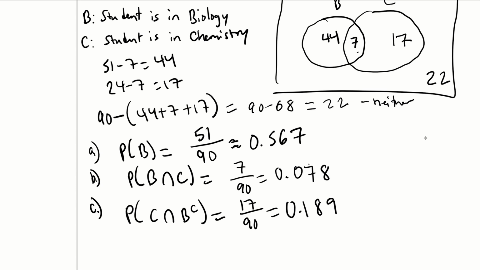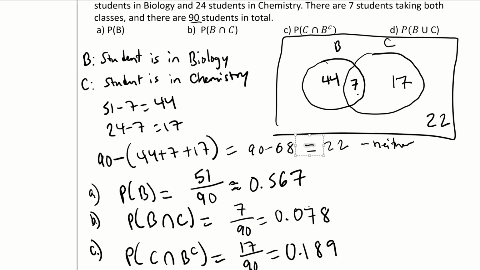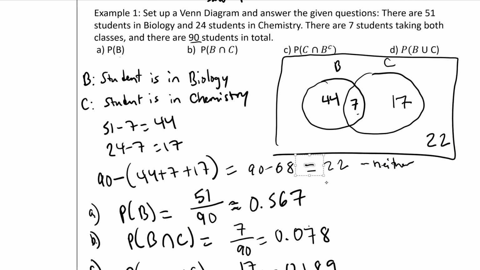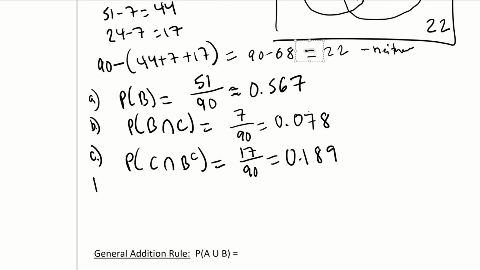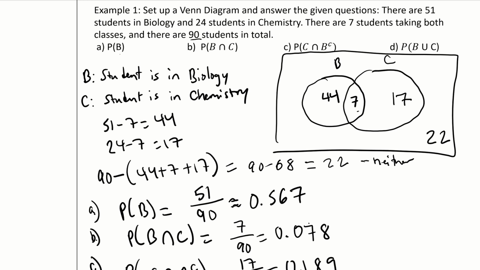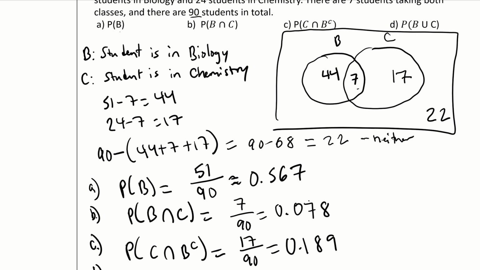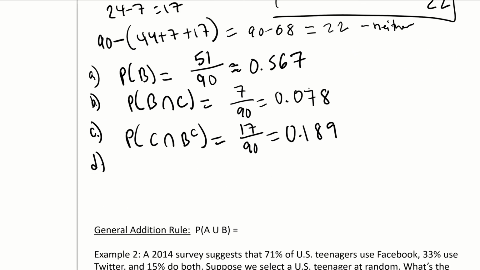So a student is in chemistry and they're not taking biology. Then that means you would exclude the students that are taking chemistry and bio at the same time. So you would exclude these guys, and you're just looking at the 17. So that makes sense. All right. And then finally, what's the probability of selecting a student that is taking biology or chemistry?